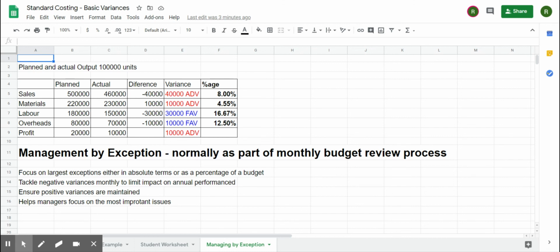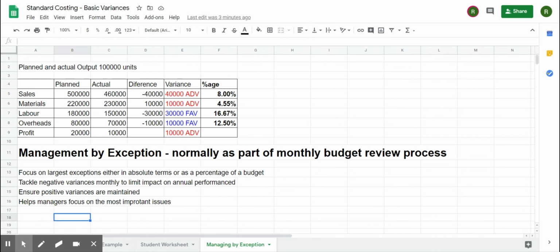But they will also look at the positive variances, and this is important. We need to look at what's made that variance favourable. Because if we achieved a favourable variance, is this something that we've changed in the business that's having the positive impact?